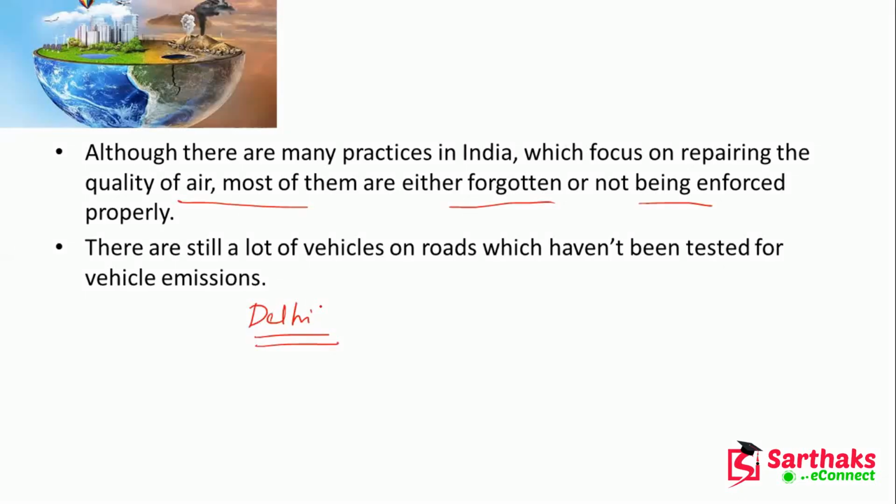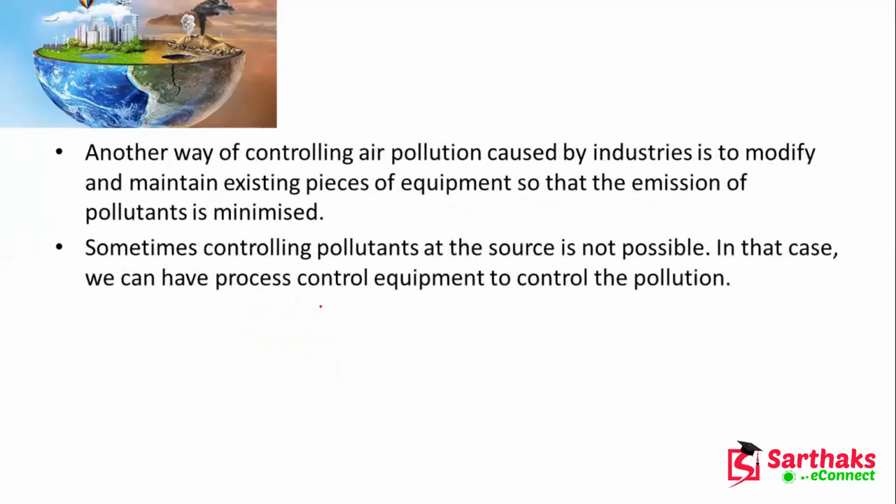So we have to take different preventive steps to keep air pollution under control. Another way of controlling air pollution caused by industries is to modify and maintain the existing pieces of equipment so that emission of pollutants is minimized.